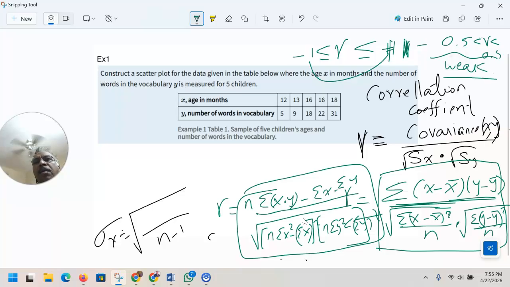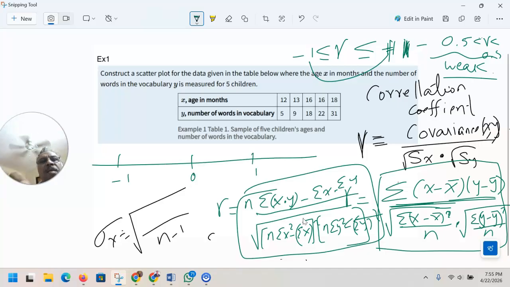You can draw the line. So this is 0, and this is 1, and this is -1. And if the value is here, between -0.5 and +0.5, this is called weak correlation.